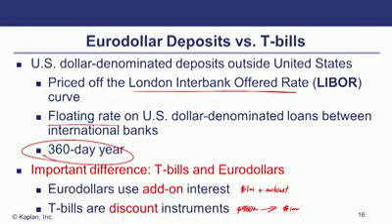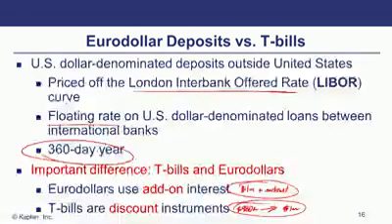Okay, so that's the difference. The first instrument is add-on, pays the interest on top of the initial 1 million. In the case of a T-bill, we've got a discount instrument, so we generate the interest, if you like, in the form of a discount from the face value.